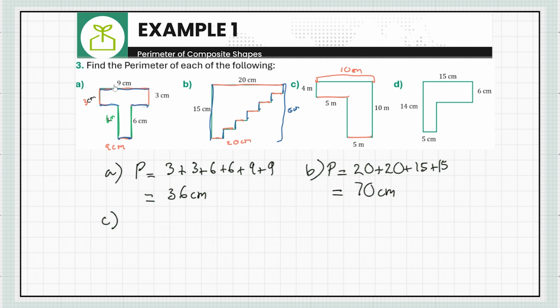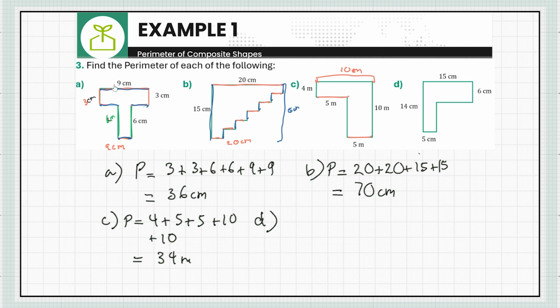Now we've got our last piece of missing information, so we can solve. Our perimeter is going to be equal to 4 plus 5 plus 5 plus 10 plus 10. That's 3 groups of 10, which is 30, plus 4 is 34 meters.